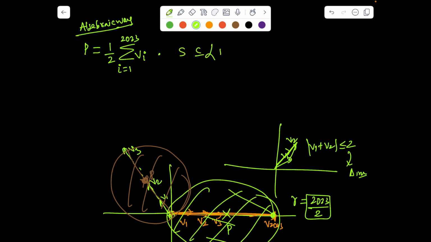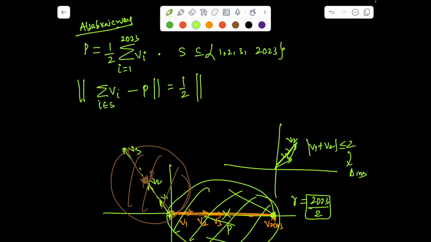And if S is a subset of, let's say, 1, 2, 3 till 2023, then what I can say is the distance between sigma vi, where i belongs to S, minus P is definitely half times the distance between sigma vi, i belongs to S, minus sigma vi, i does not belong to S.